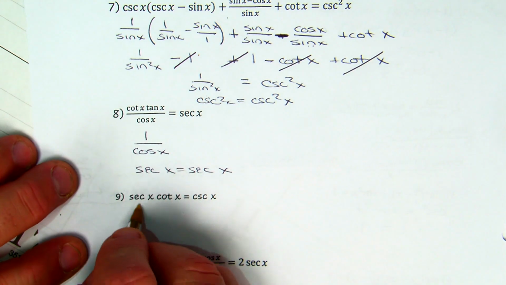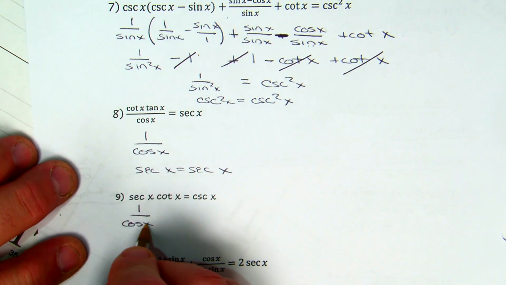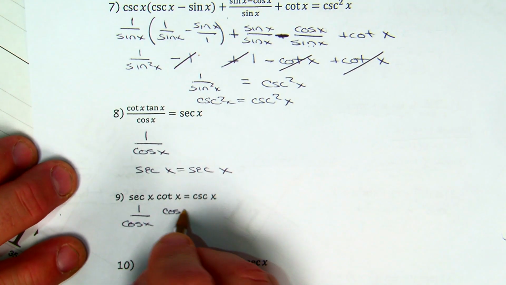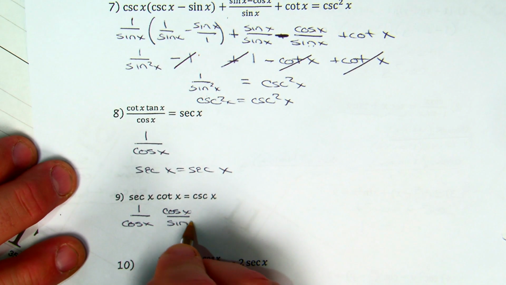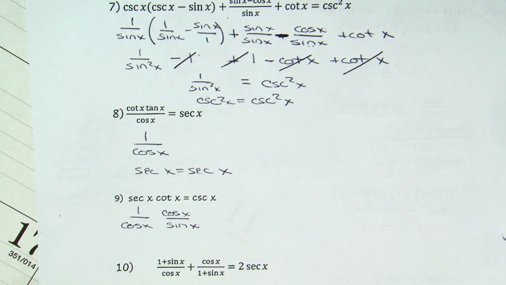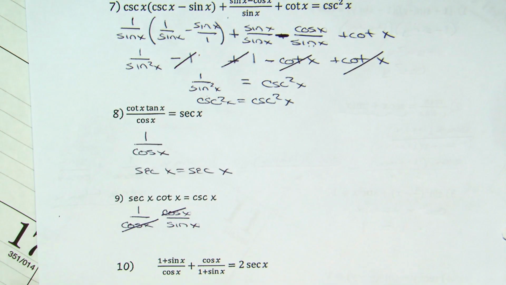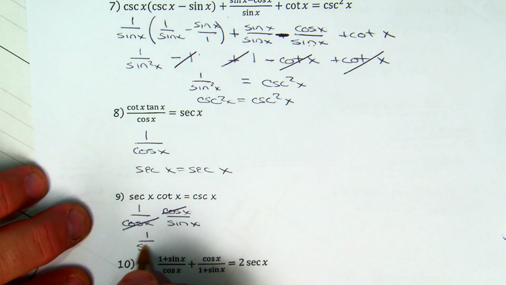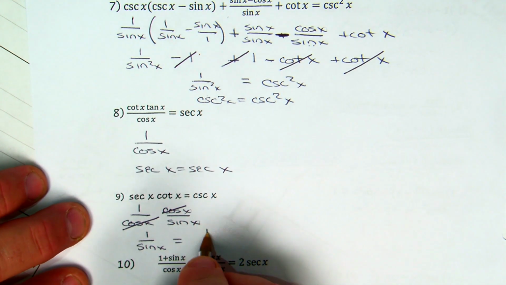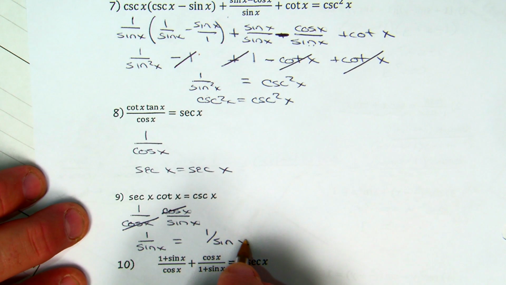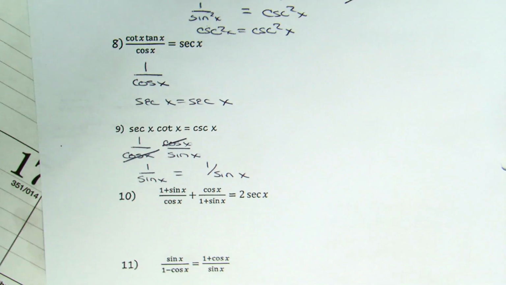Secant x is 1 over cosine x. Cotangent x is cosine x over sine x. What do the cosine x's do to each other? Cancel out, leaving you with 1 over sine x. And cosecant x is also 1 over sine x. So you can write them both like that should you choose.